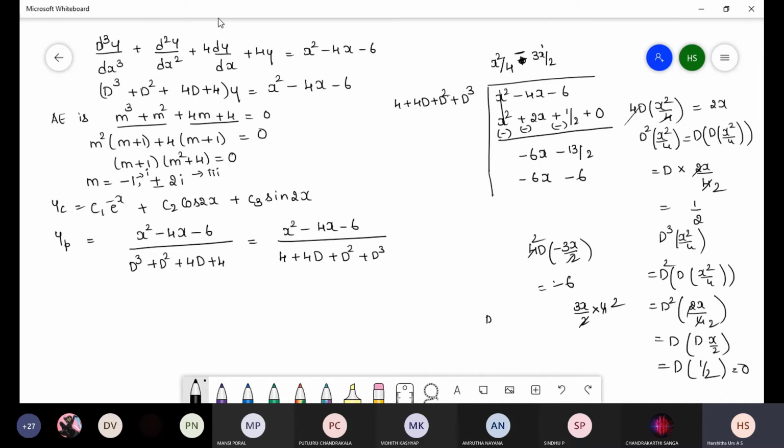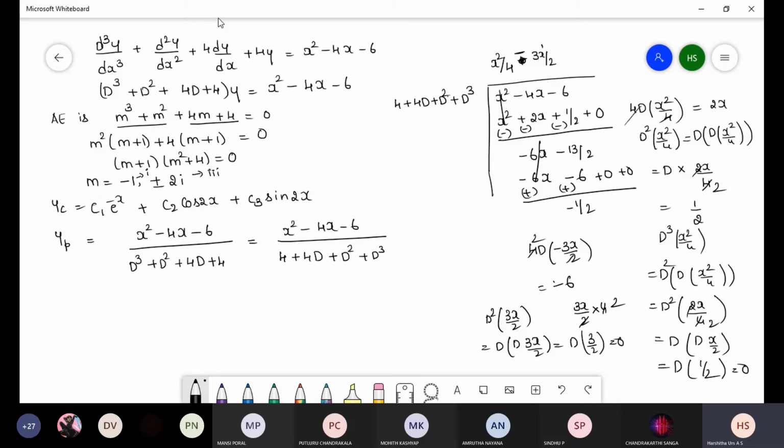If you do the double differentiation of 3x by 2, for the single differentiation we get 3 by 2, and once again if you differentiate we will get 0. Same thing for the d cube also. Now change the sign. Here also, minus 13 by 2 plus 6 is minus 1 by 2.